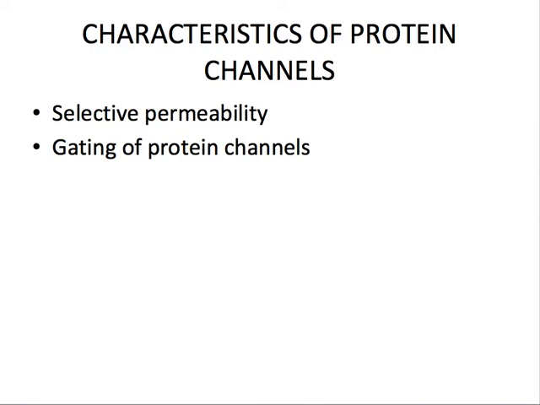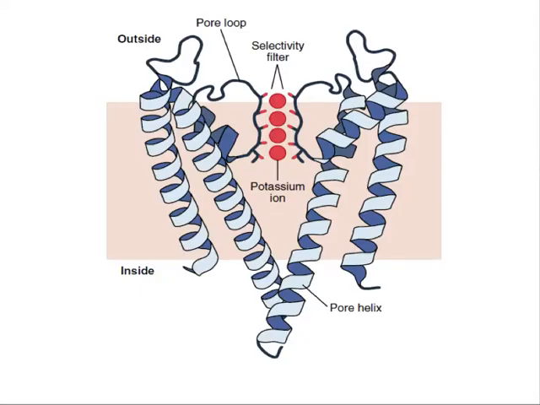So, when I say selective permeability, what do I mean by that? It means that these channels are permeable for certain substances, and at the same time they are impermeable to certain other substances. And this selective permeability depends upon the characteristics of the channel itself, such as its diameter and its shape.